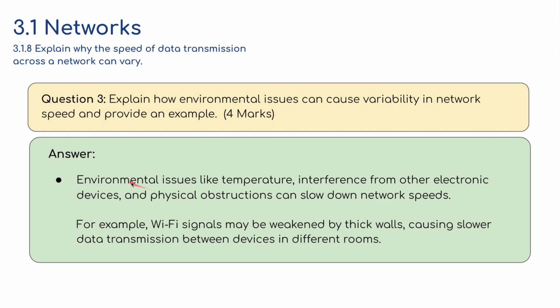And then finally, environmental issues like temperature, interference from other electrical devices, and physical obstructions can slow down network speeds. For example, Wi-Fi signals may be weakened by thick walls, causing slower data transmission between devices in different rooms. Okay, that is it for this video.